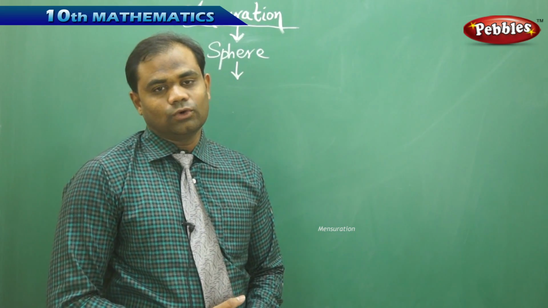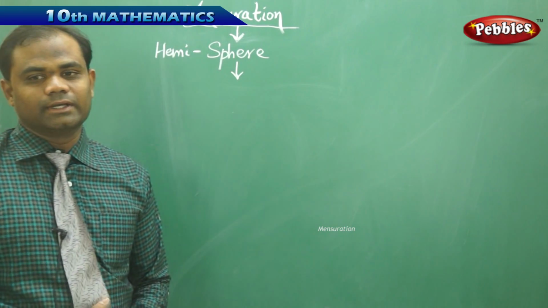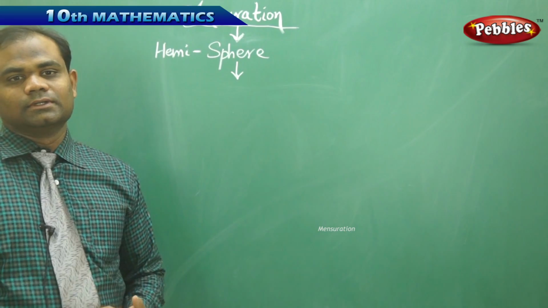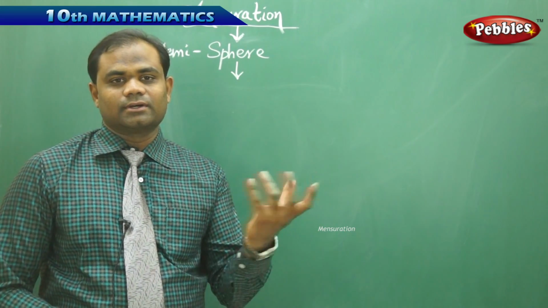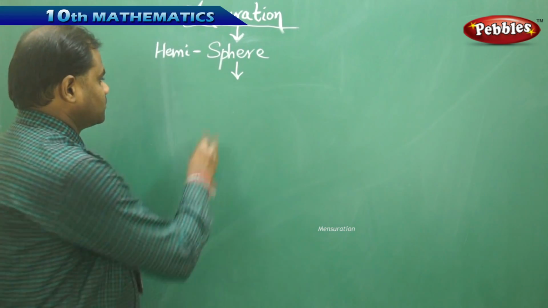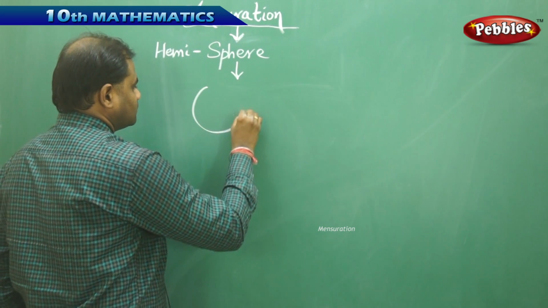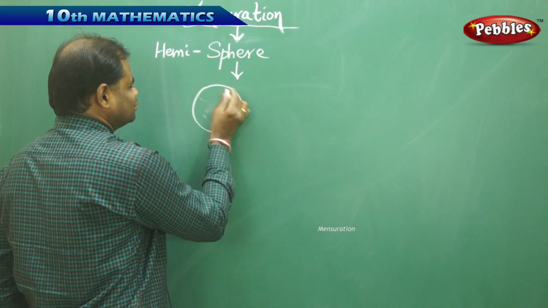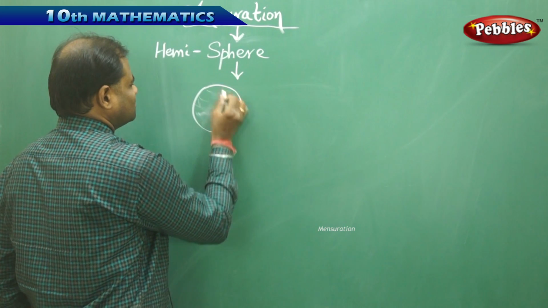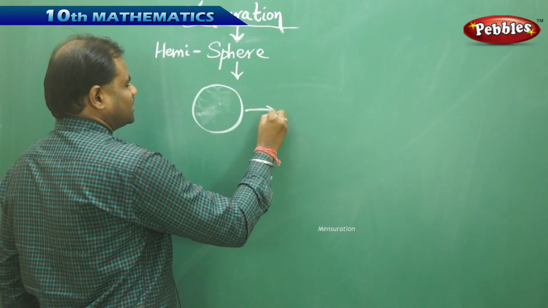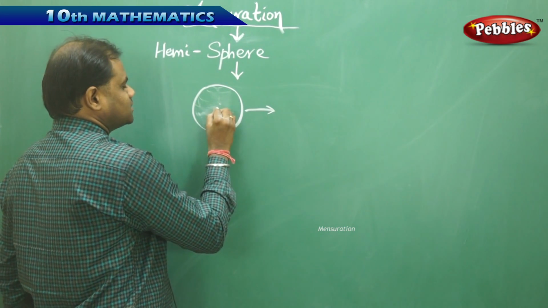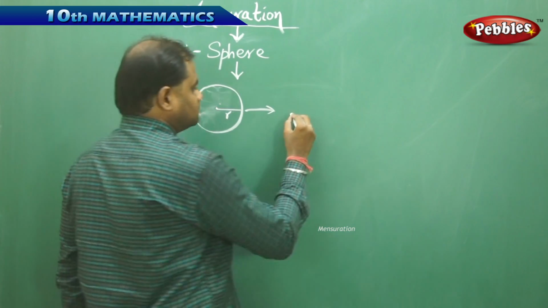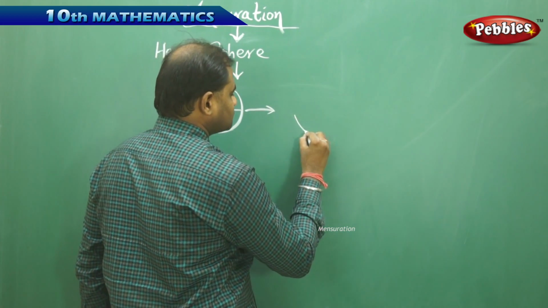Hemisphere. Now what happens if I cut the sphere exactly in the middle? When I take a sphere and cut it exactly in the middle with its radius r, I get two regions.